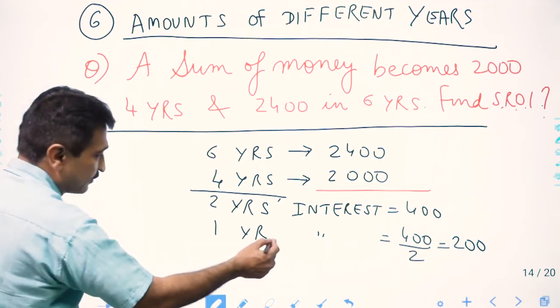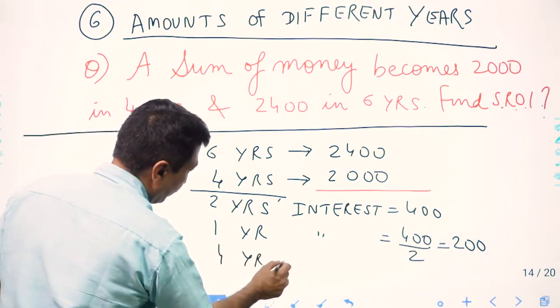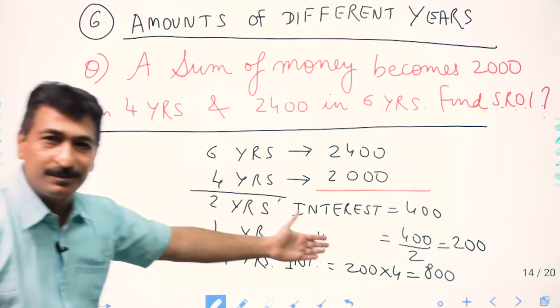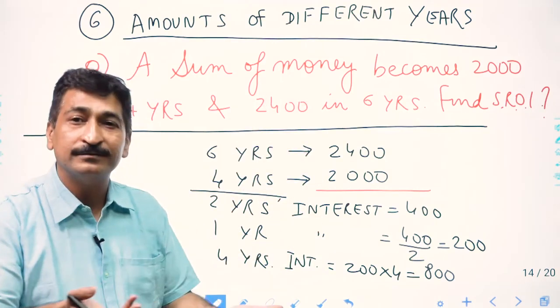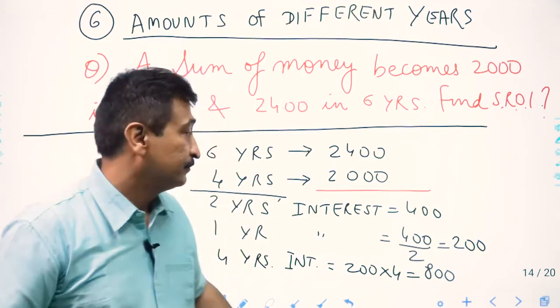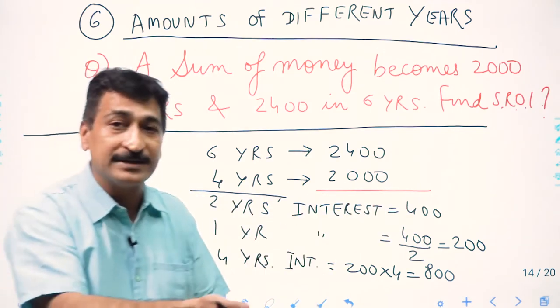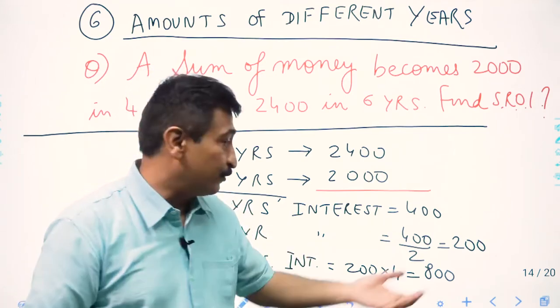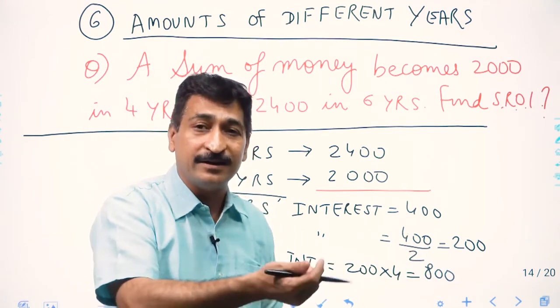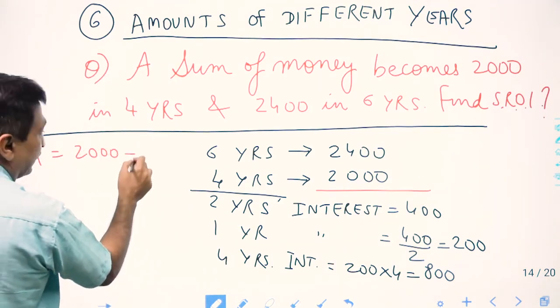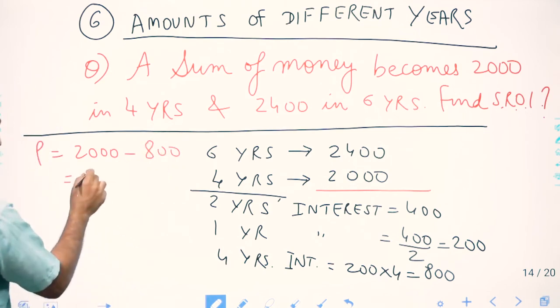So 1 year's interest is 200, so 4 year interest is 200 into 4, that is 800. 2000 में से 800 तो ब्याज है, 2000 तो पैसा लौट गया है 4 साल बाद. हर साल 200 रुपये ब्याज का मिल रहा है भाई, 4 साल में 800 रुपये ब्याज इकट्ठा हो गया, 2000 वापस आ गए, मतलब उसमें से 800 तो ब्याज है. So interest is 800, so the principal is 2000 minus 800, that is 1200.